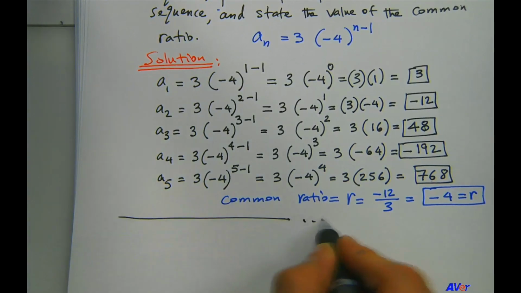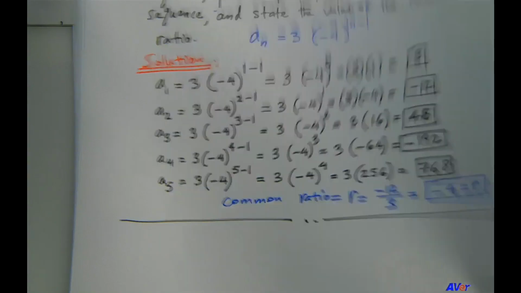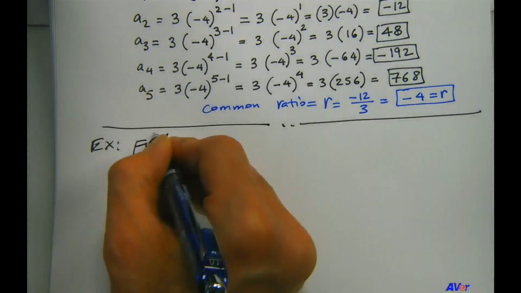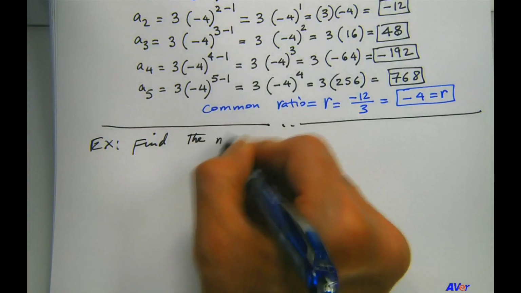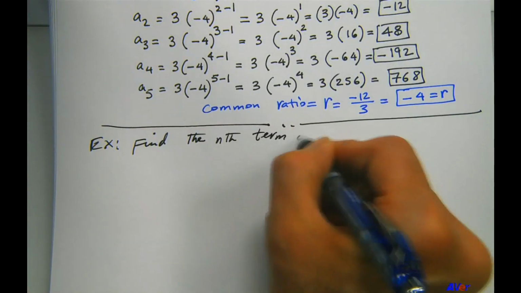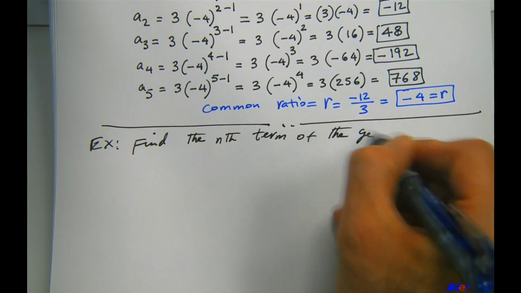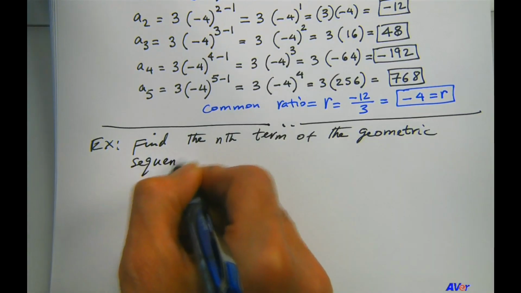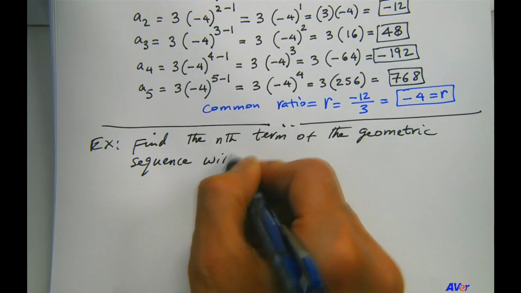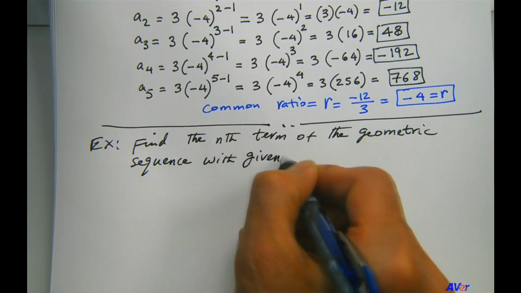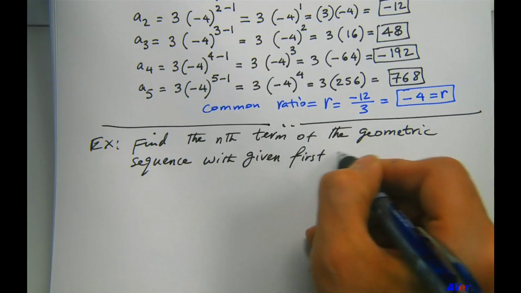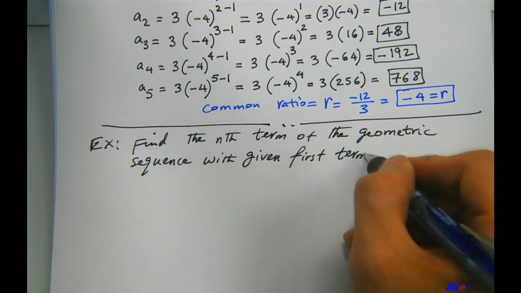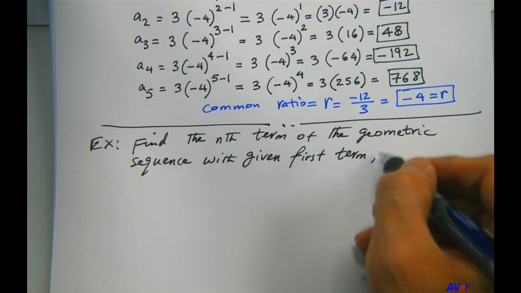Let's do another example. Suppose we want to find the nth term of a geometric sequence with given first term a and common ratio r.